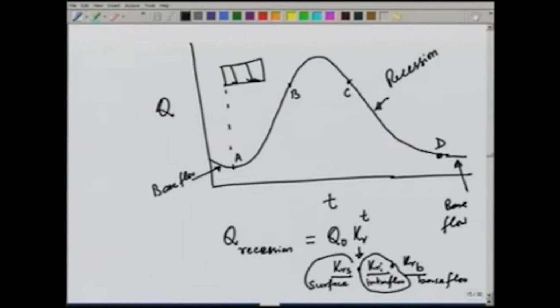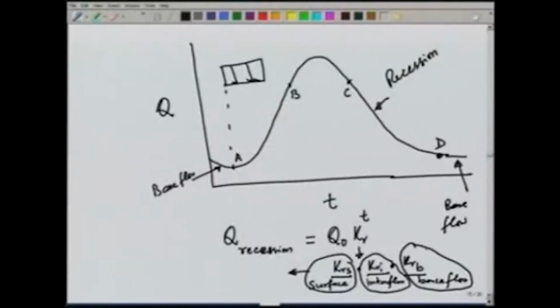Krs denotes how fast the water is coming out of storage from the channel, and as we have seen earlier, it depends on the channel slope. If channel slope is large, water will come out of it faster. And base flow depends on how the groundwater contribution is decreasing.